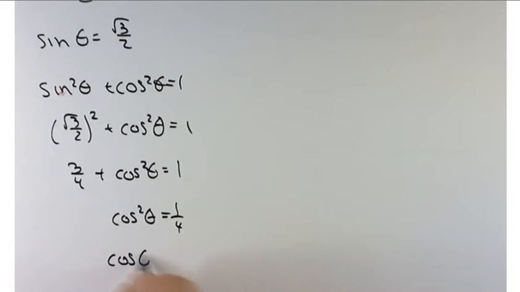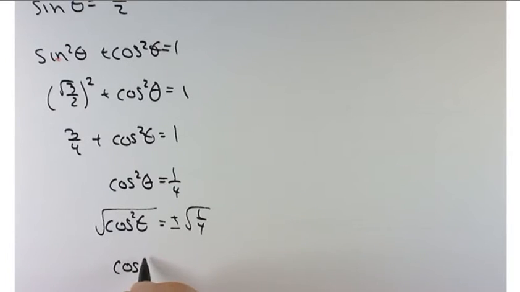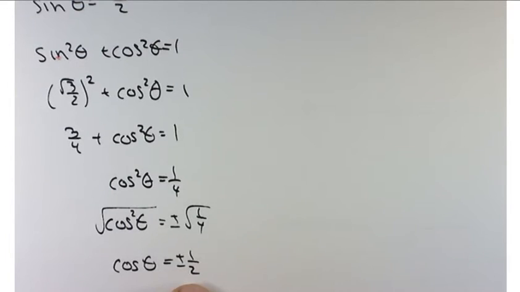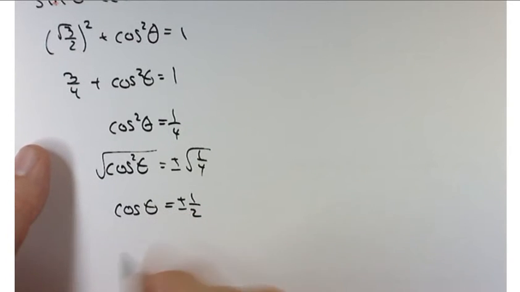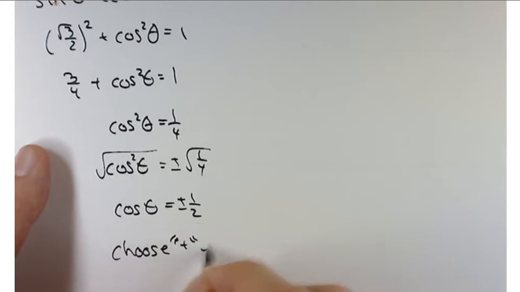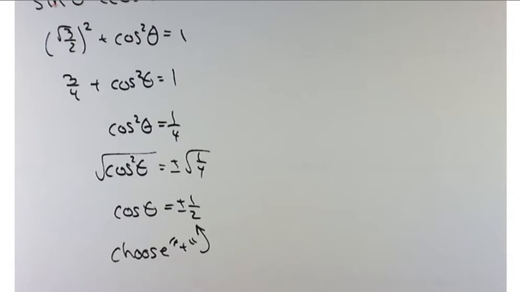Cosine of theta is going to be the square root of this. Square root of 1/4 is 1/2. Because this is an angle in the first quadrant, we'll choose the positive half. Wow.